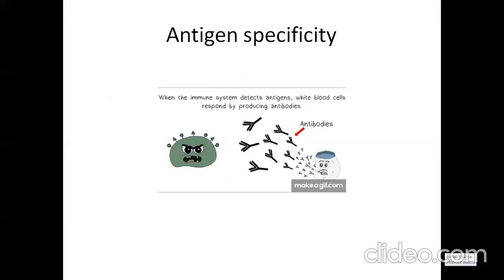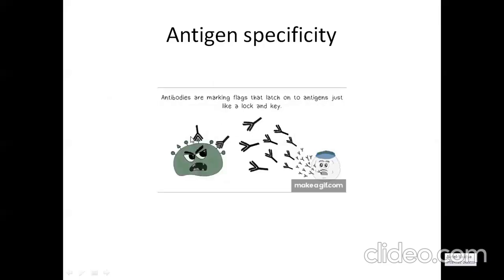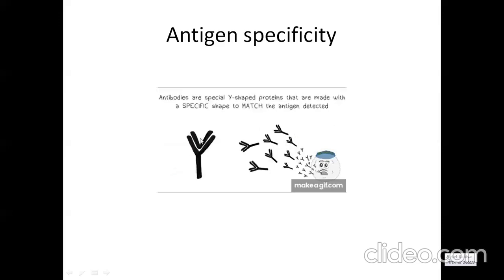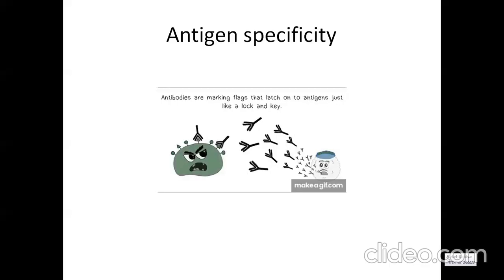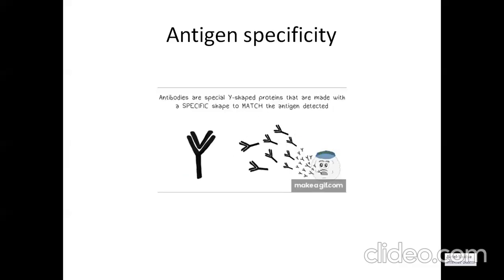When this doesn't match, if instead of this Y any other structure is there, it won't fix to that triangle. It is very specific for that shape. A triangle can come in and fix in this Y. The circle cannot go and fix in the Y.